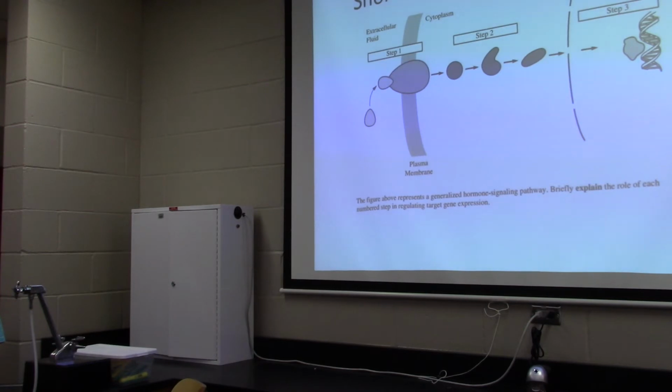At the end, triggering step 3, which in this case, what's happening in step 3? Looks like a gene is being turned on, right? A gene is being transcribed and probably translated to make what? What do genes make after transcription and translation? Proteins. Cause traits. All right, so that's enough on that one.